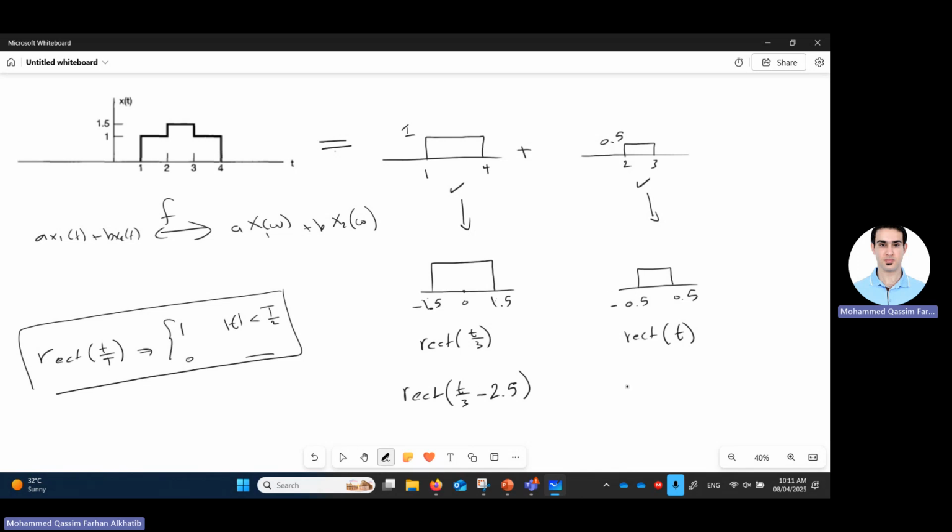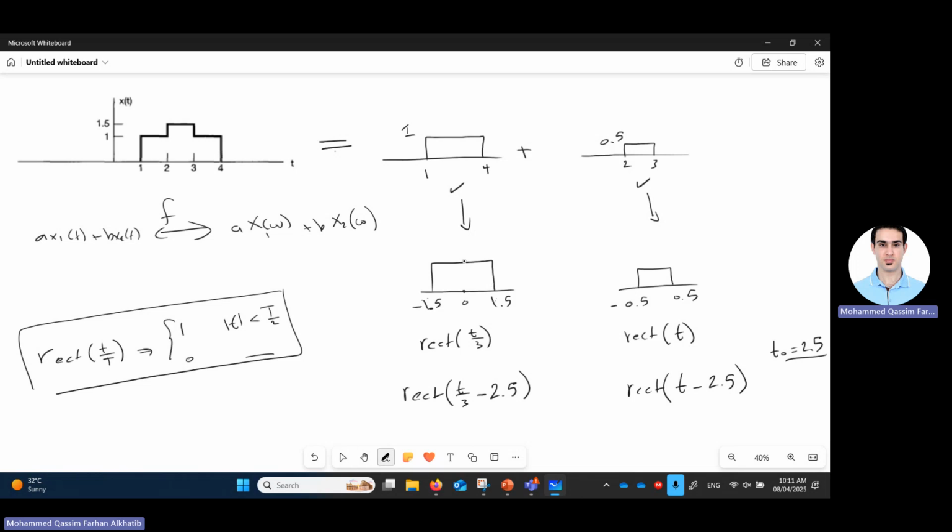Similar thing here, it's rect of (t minus 2.5). So I have shifting by t naught equal 2.5 for both. So here I have rectangles and I have shifting. Let's see what will be the solution.